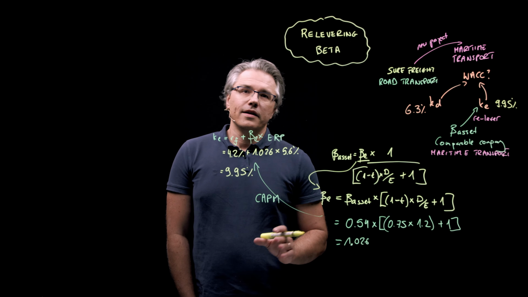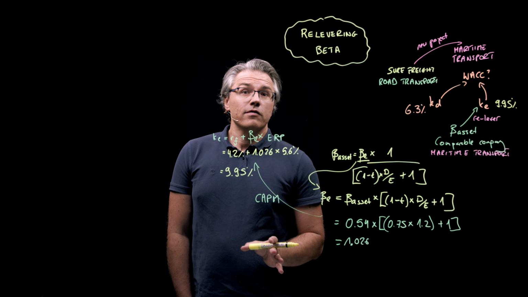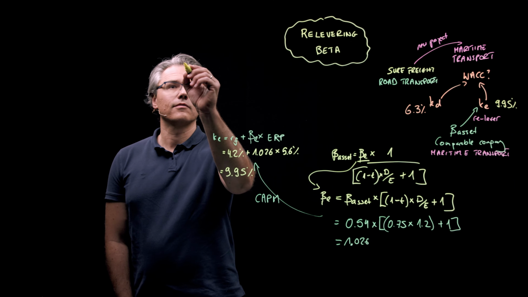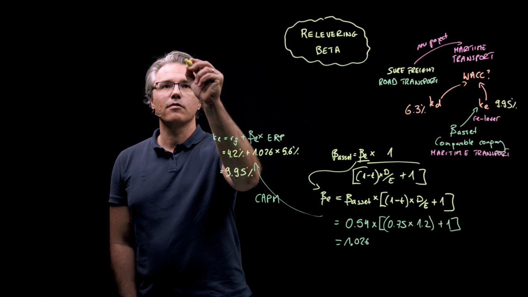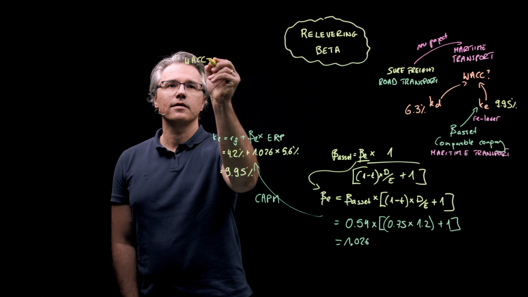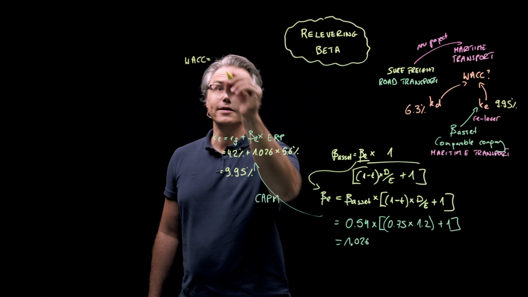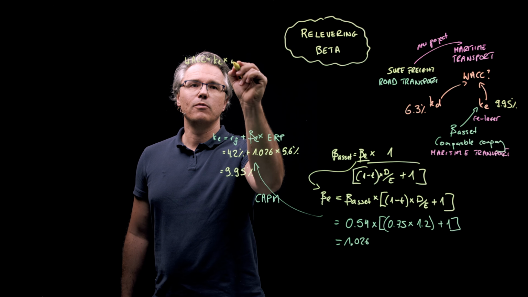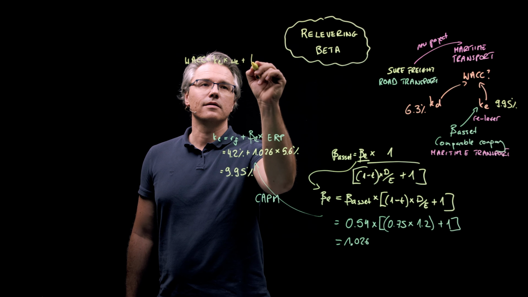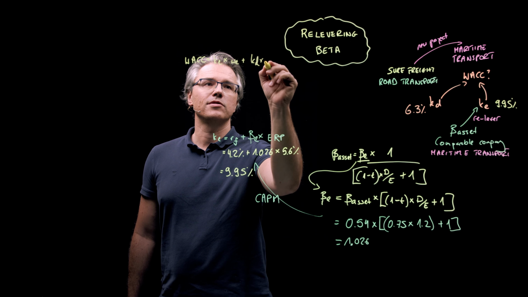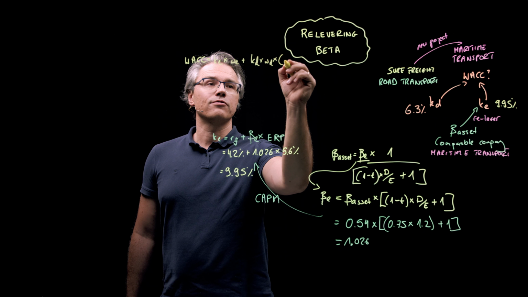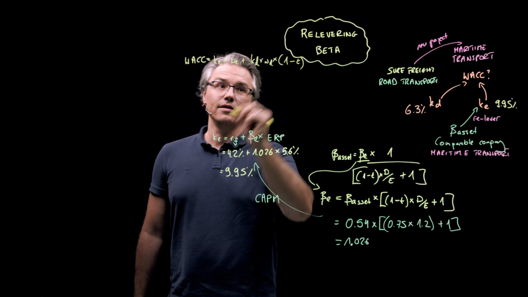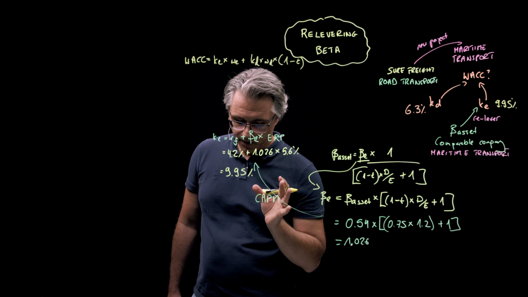We can now move on to the computation of WACC, which is given as, and this is the classic formula you should know quite well, WACC equals the cost of equity times the weight of equity plus the cost of debt times the weight of debt, naturally times 1 minus t for the tax shield component.